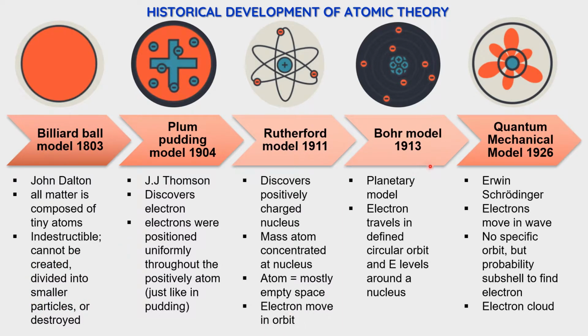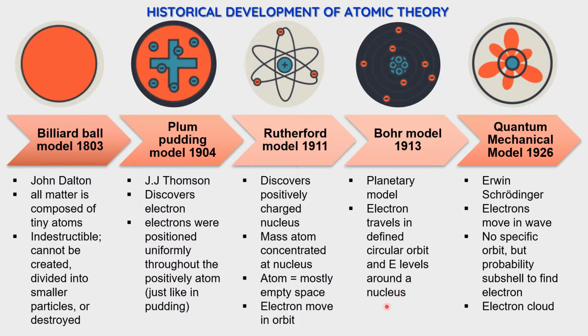Later, Bohr proposed Bohr's atomic model in 1913, and it is also known as the Planetary Model. In this model, Bohr states that electrons travel in defined circular orbits and energy levels around a nucleus.